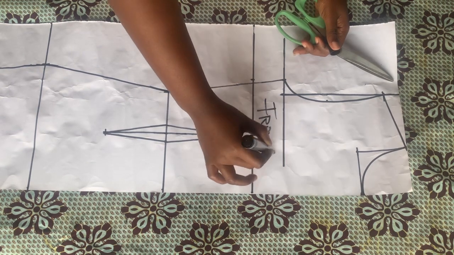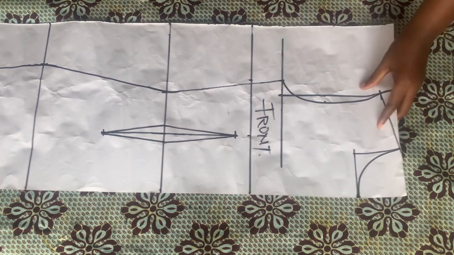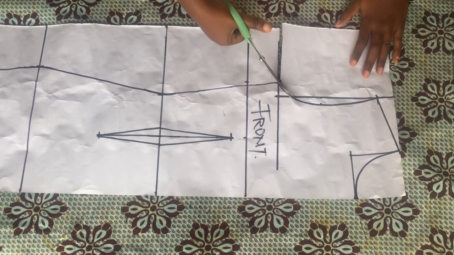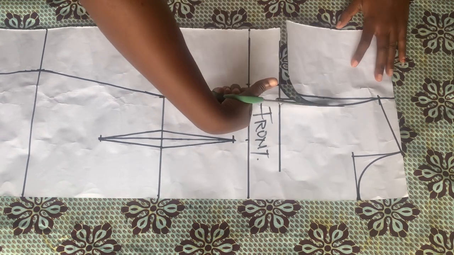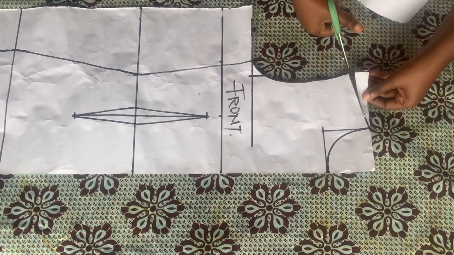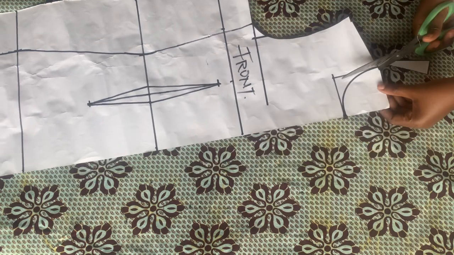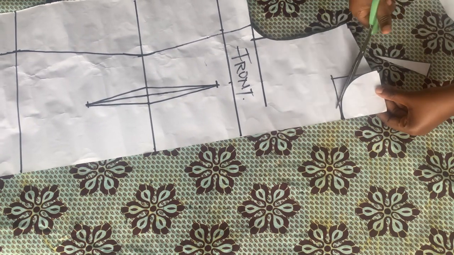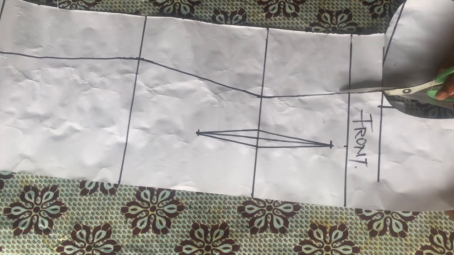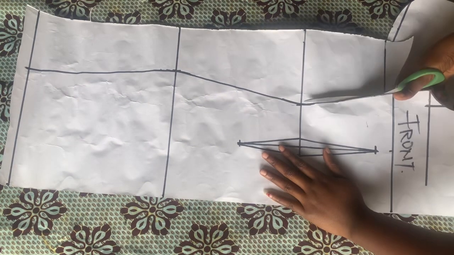So I'm just showing you right now, this is our front pattern. I'm just showing you how to cut out your pattern. So I'm just cutting around the armhole area, the shoulder, the neckline. I'm cutting out our round neckline, and I'm just trimming out the sides.